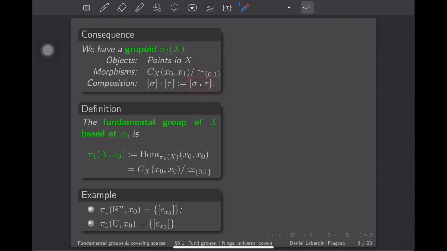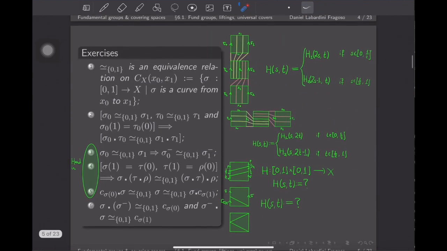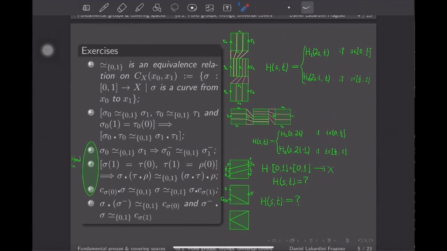And the point is that this is defined in terms of representatives, but is well defined, and actually the reason why it's well defined is this one.